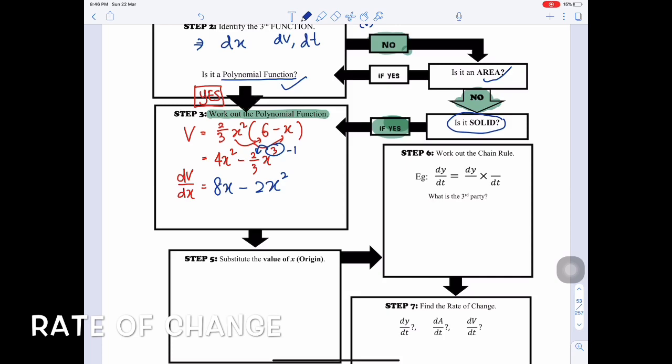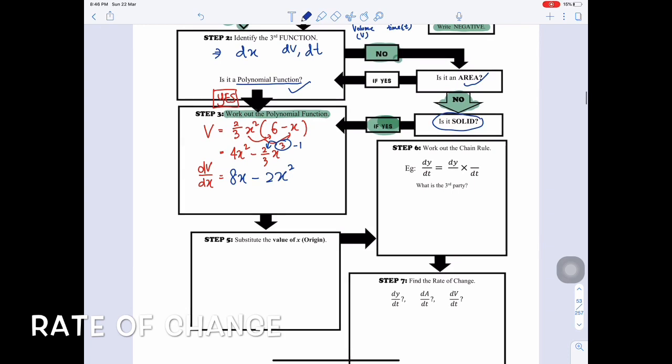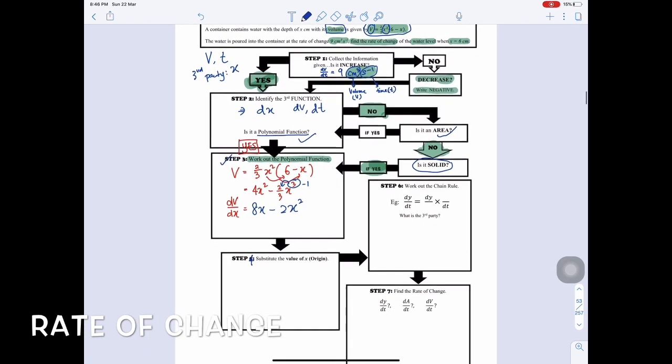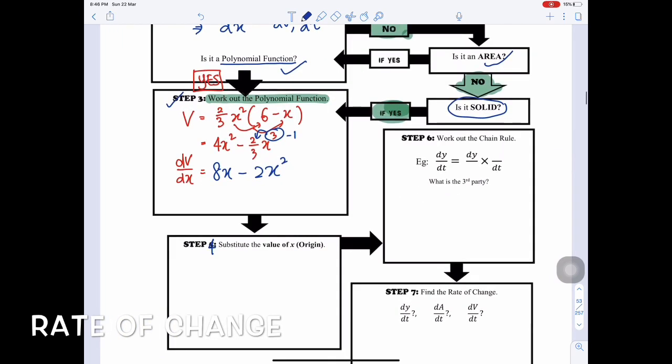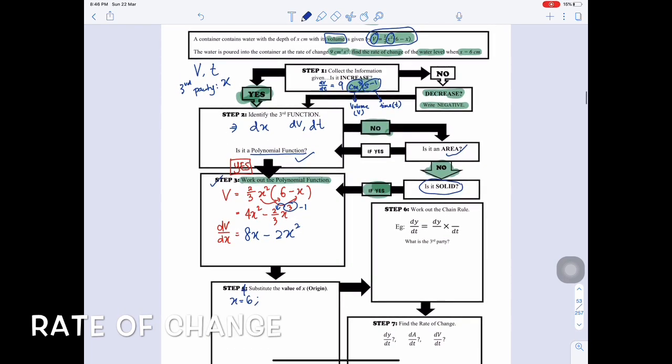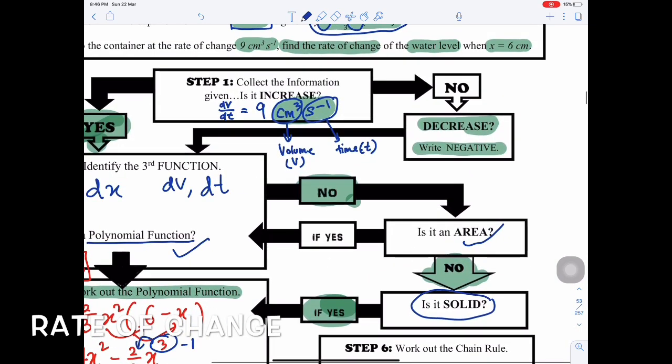Next step, step 4: substitute the value of x. What is the value of x? Given x equals 6, from the question.